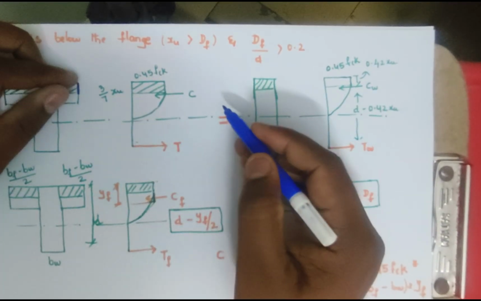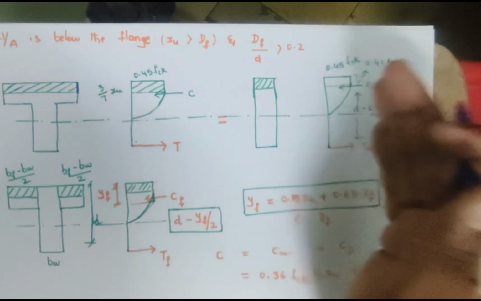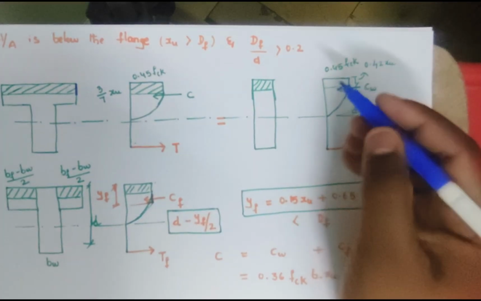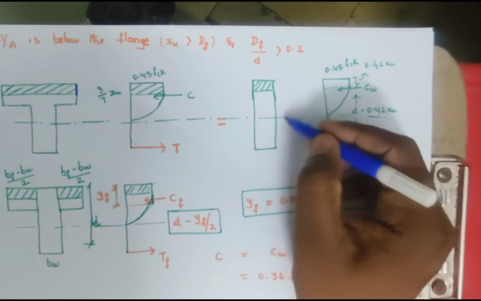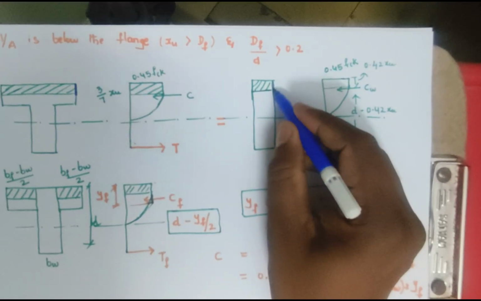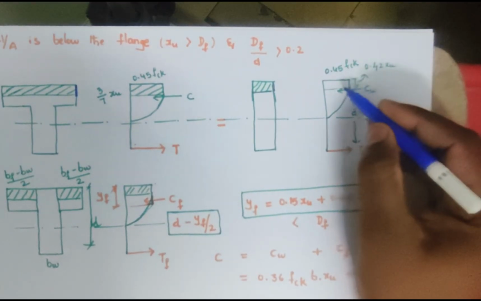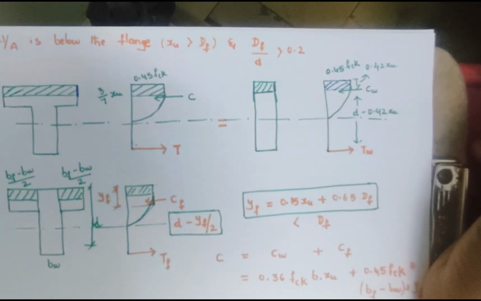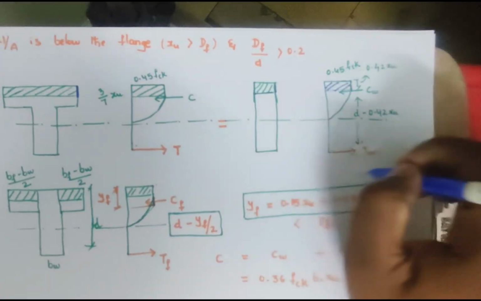In this case also, I am going to analyze the rib portion and flange portion separately. See, coming to the rib portion, only a certain depth has reached the 0.45 fck stress level. This portion only, right?